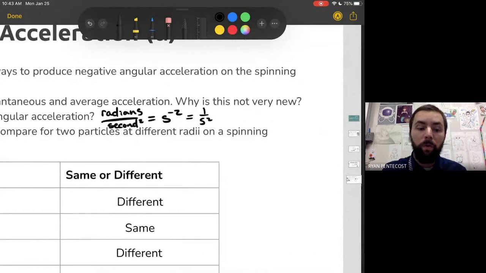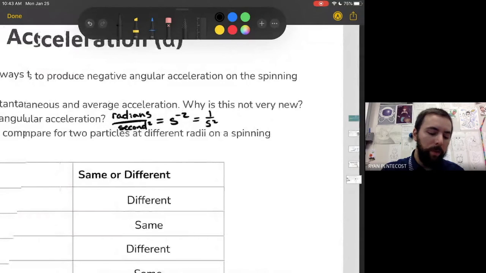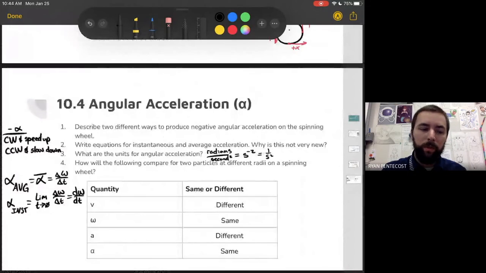You kind of ignore that the radians are even there because they have no dimension, so they don't really belong in dimensional analysis. Now, you're not wrong if you put radians per second squared, as long as you're consistent throughout your entire problem, and as long as you know your audience. If you know your professor or teacher prefers one way or the other, stick to that.